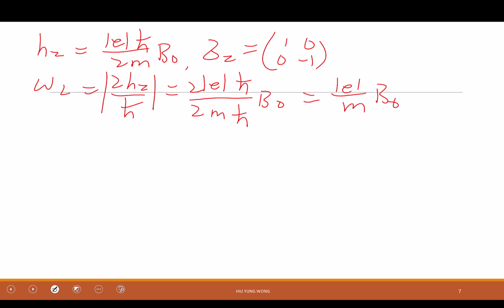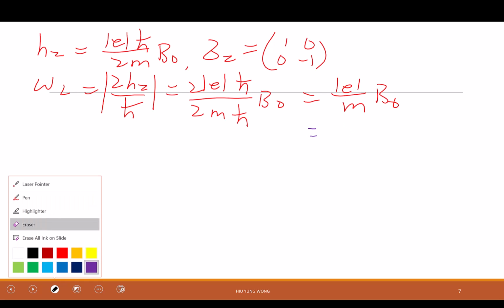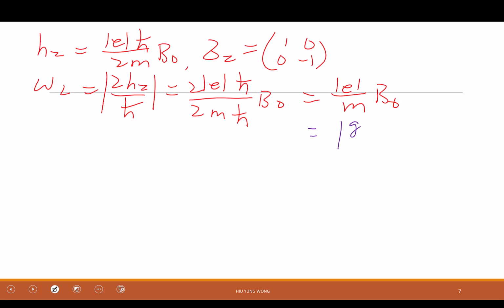Now here we did a substitution before by assuming g equals negative 2. In reality, this is actually g. It should be g, I just put everything, e divided by 2m, B0.